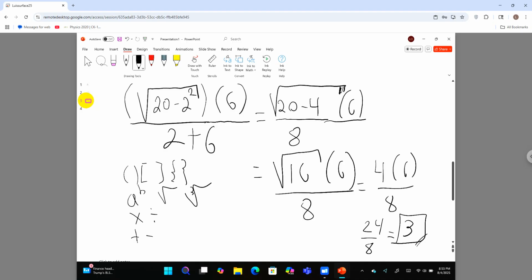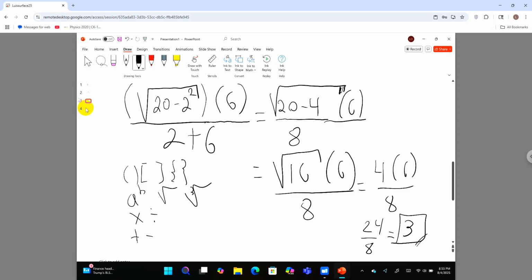However, whenever we see something inside a root, we have to do that first, whatever is inside a root, to get one number. Otherwise we cannot square root or cube root whatever is inside, like in these examples. Inside a root we follow the rule. We see a subtraction and exponent here, so we do the exponent first, then do the subtraction.